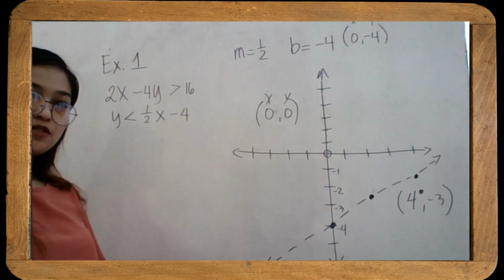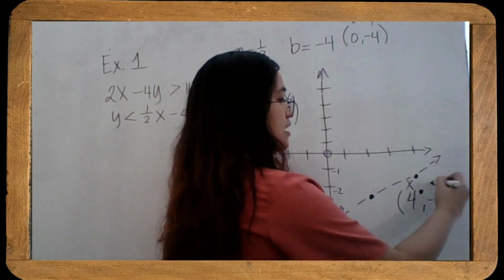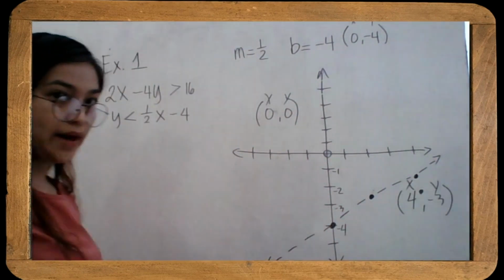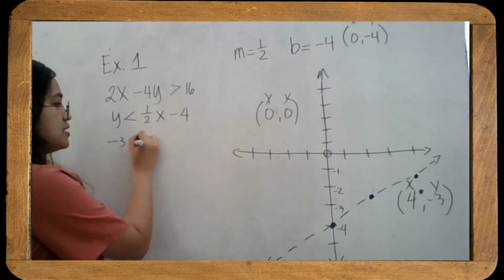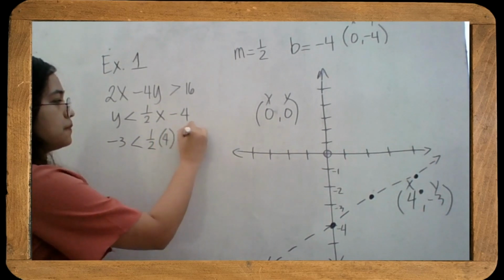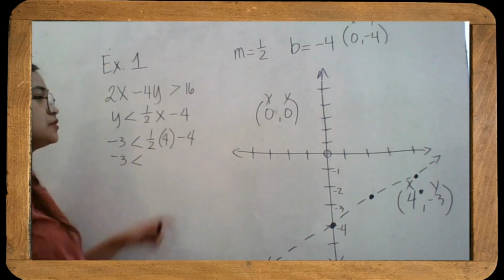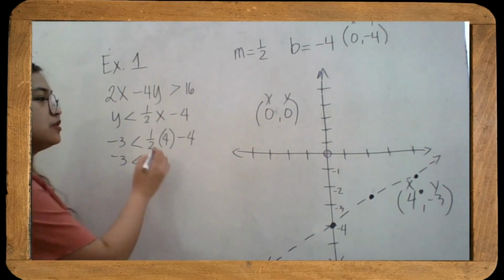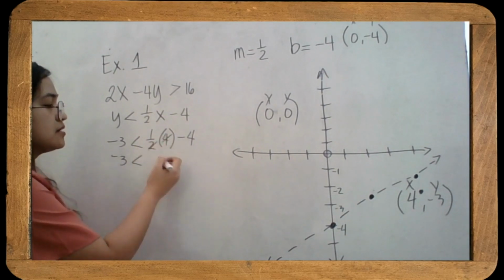Again, isa-substitute ulit natin. That means, si 4 ang x, si negative 3 ang y. So, y natin ay negative 3 less than 1/2 times x is 4 minus 4. So, negative 3 less than. So, paano po ang gagawin dito? Pwede nyo nang gawin ang cancellation method. So, makakancel siya.